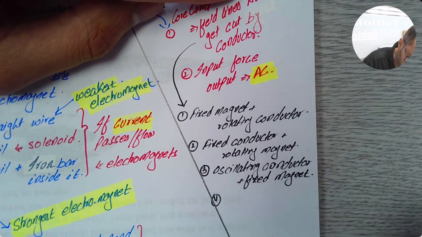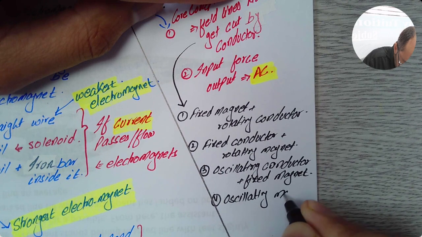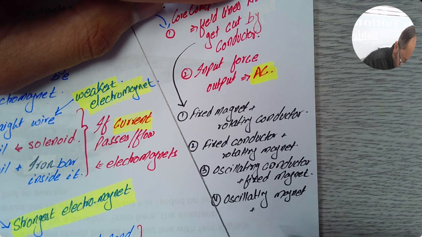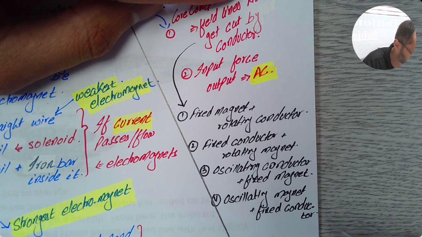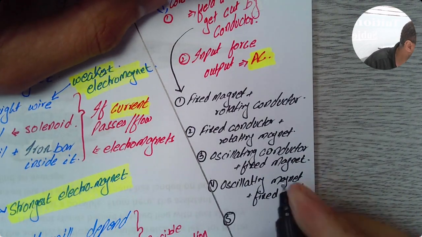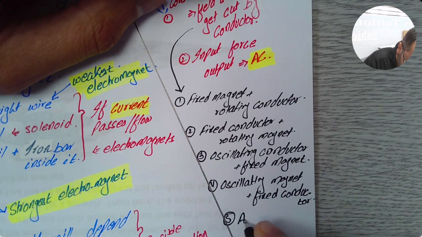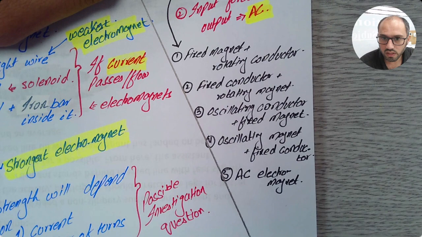Fourth option could be an oscillating magnet plus fixed conductor. Number 5, I could have an AC electromagnet. An electromagnet that is working on AC current.